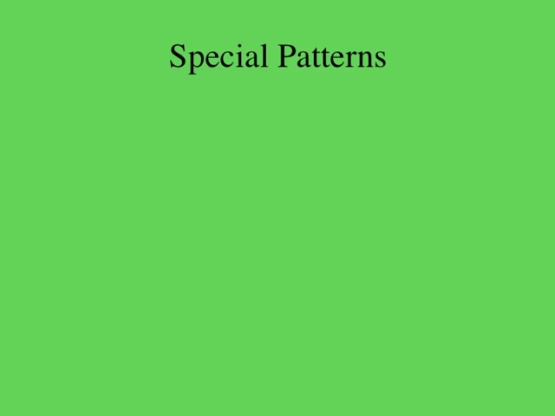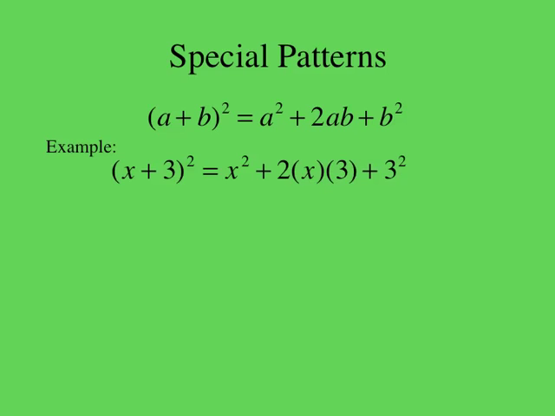Here's an example of what this pattern might look like if we replace a and b with some numbers and variables. Let's take the example x plus 3 squared. In this case, the a in our pattern is the variable x, and the b in our pattern is the constant 3.